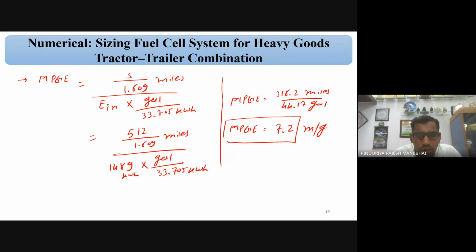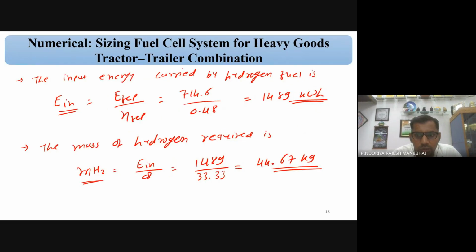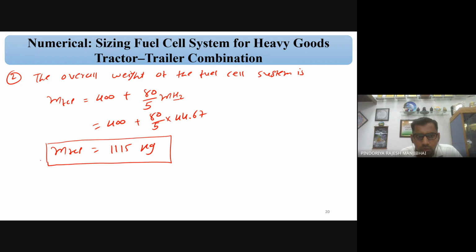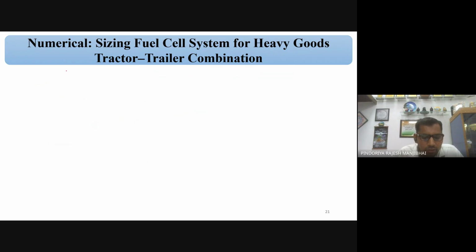Okay. So we can say 400 plus 80 divided by 5, and the mass of the hydrogen. What is the mass of the hydrogen? There is 44.67 kilogram. So into 44.67 kilogram, this is nothing but 115 kilogram. Okay. And the final thing is the equivalent battery power.